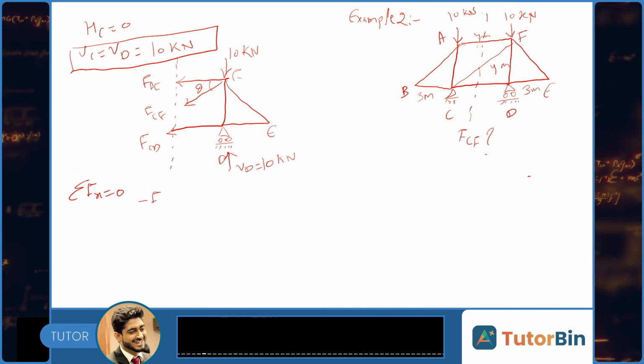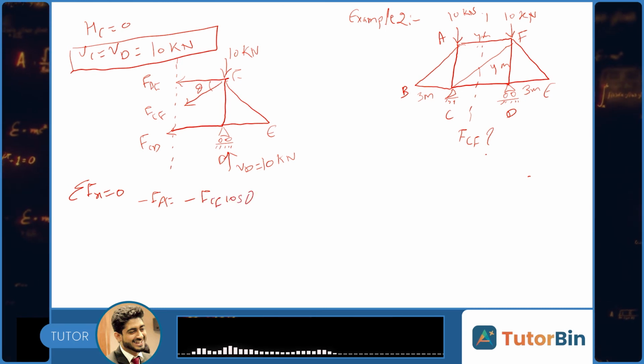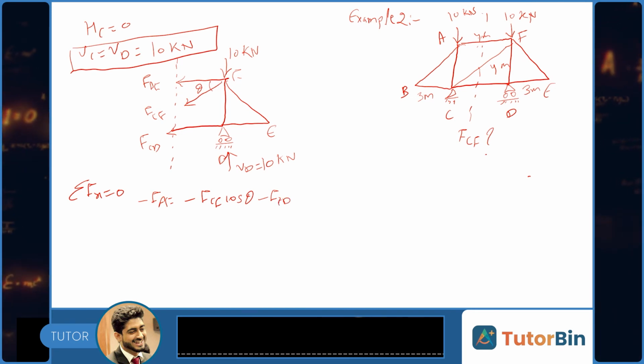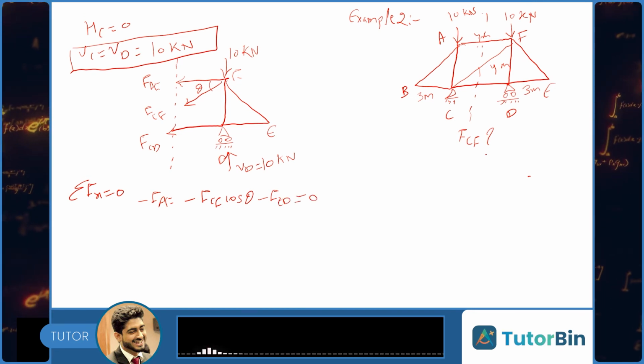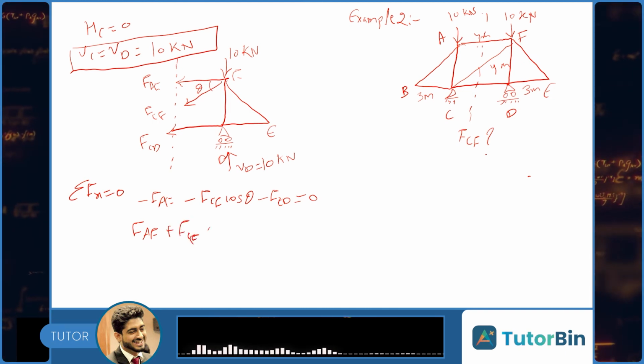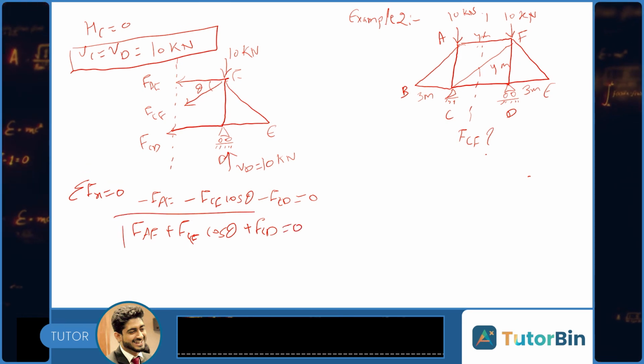So we can write minus FAF minus FCF cos theta minus FCD equals to 0. That is FAF plus FCF cos theta plus FCD equals to 0.